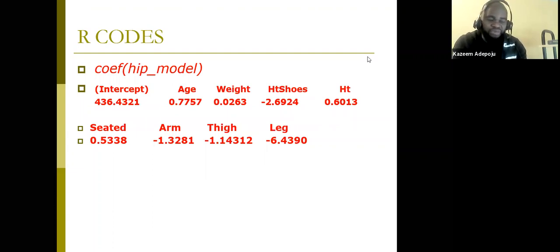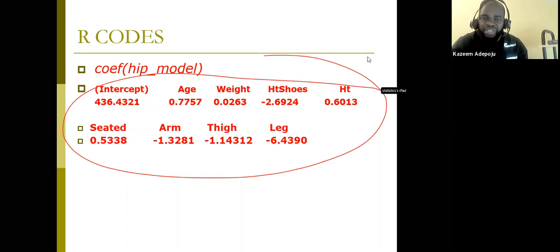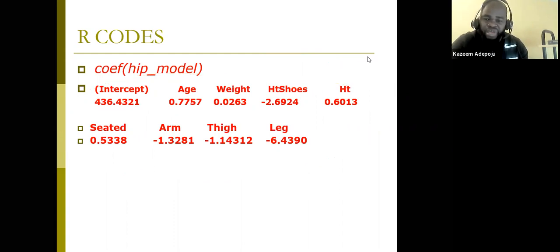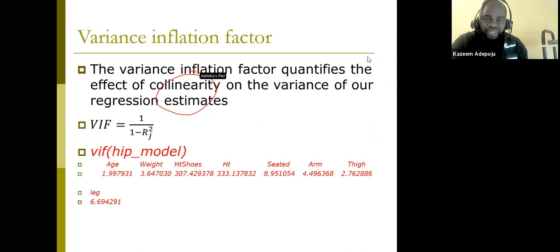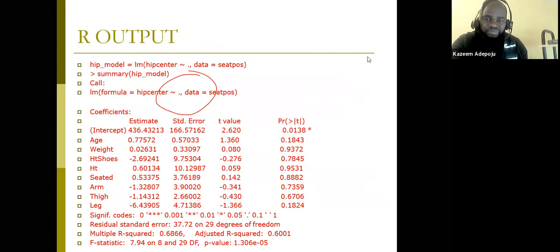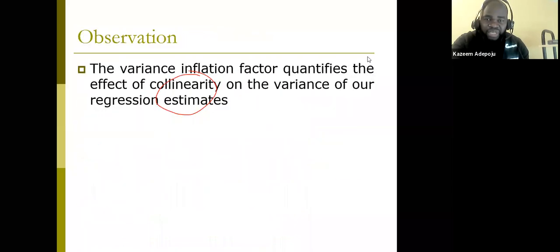Look at the coefficient now, compared to the way it was. Age was 0.7757 here, and let's see what it is now. Okay, it's still 0.77.